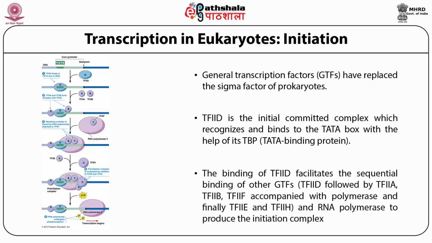The binding of transcription factor 2D facilitates the sequential binding of other general transcription factors: transcription factor 2D followed by 2A, 2B, 2F accompanied with polymerase, and finally 2E and 2H and RNA polymerase to produce the initiation complex.